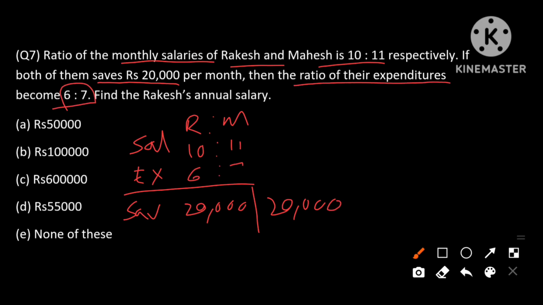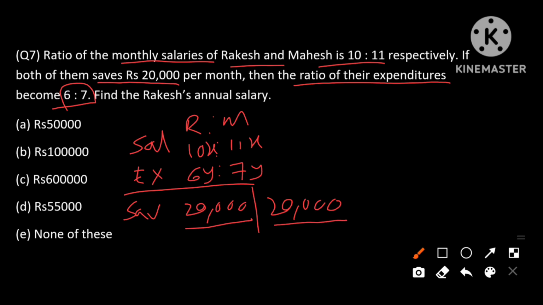So let's say take this as x and this as y. So 10x minus 6y, we have 20,000. 11x minus 7y, we have 20,000.